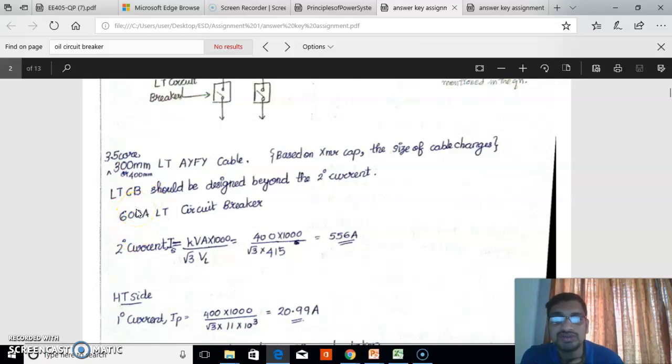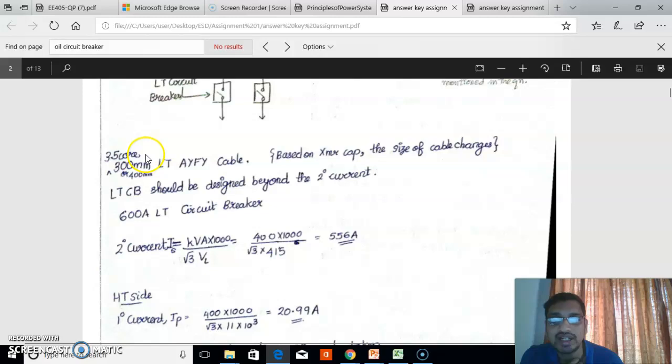And the cable size is 3.5 core. From the data book we can see the size of cable required on the secondary side corresponding to 400 kVA is 300 mm LT AYFY cable.